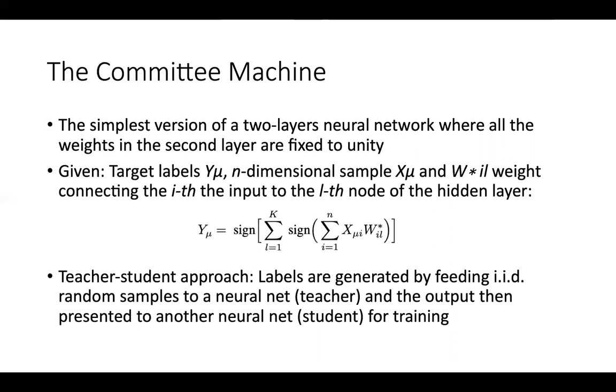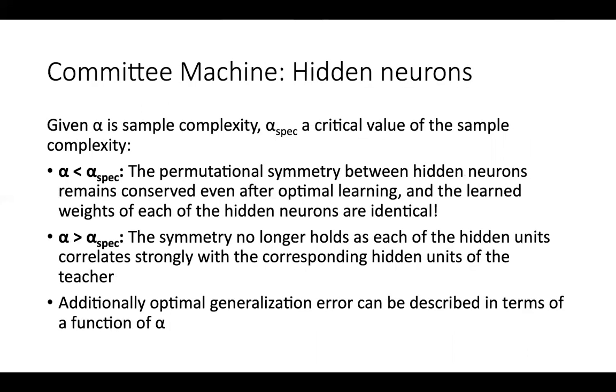The output then gets presented to another neural network, the student, for training. From this physics community, a number of results on this somewhat simple model have been observed, which, if they could be generalized to other neural networks, could hold very promising results.